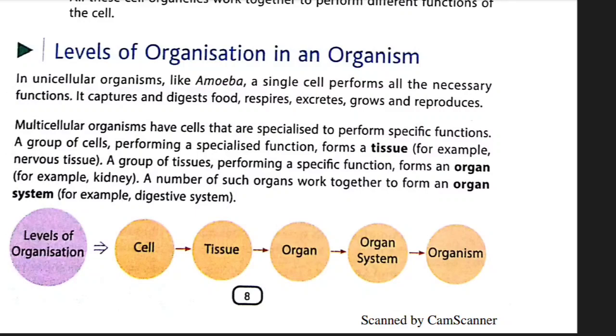Then some similar type of cells unite together and form tissue. A tissue is nothing but a combination of cells performing the same function and having the same structure.